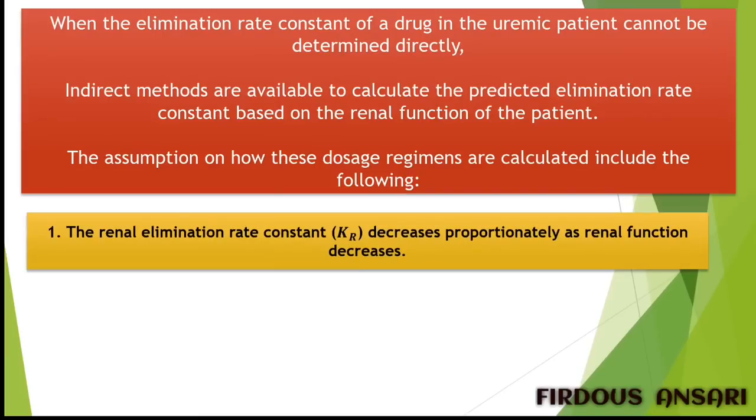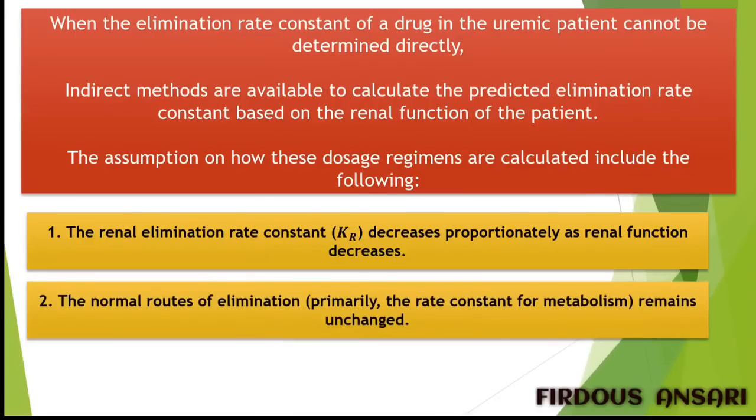First of all, the renal elimination rate constant decreases proportionately as renal function decreases. This is obvious. When the renal function declines, the elimination declines, and therefore the elimination rate constant also declines. Next, the normal routes of elimination, that is primarily the rate constant for metabolism, remain unchanged. So only the renal function is impaired, but everything else is normal.